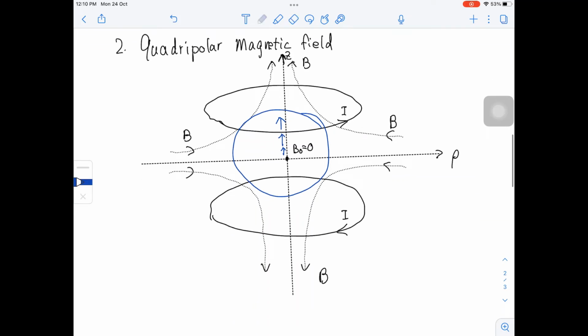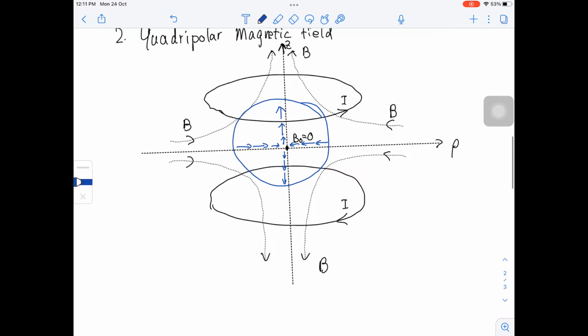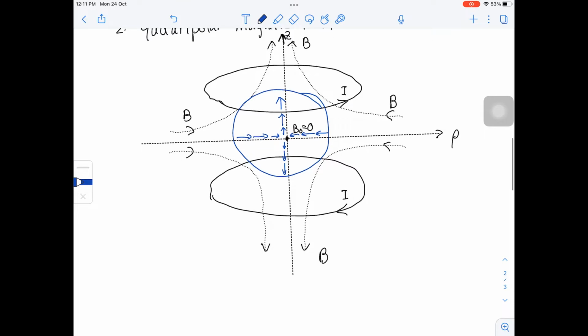And along the minus z side, the B field strength also increases, but in another direction. And along the rho axis, the B field decreases when it approaches the center. Okay, this is how the B field looks inside, in the central region of the anti-Helmholtz coil pair.